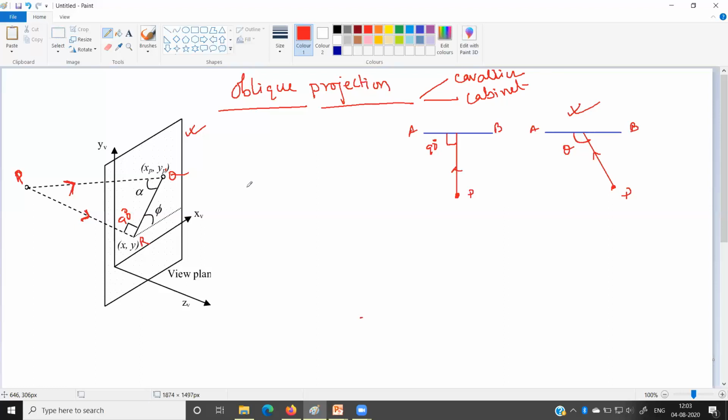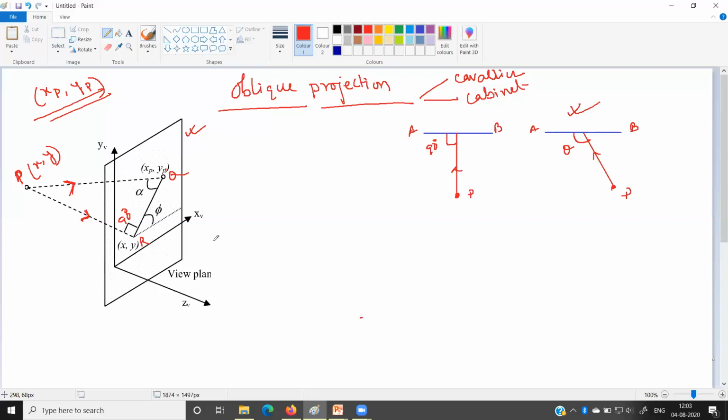Now, our major objective is to compute the point XP, YP. XP, YP is the projected point, where the coordinate of the point P is XY. So P (X, Y) is the original point and we have to compute the projected point on the projection plane, which is XP, YP.